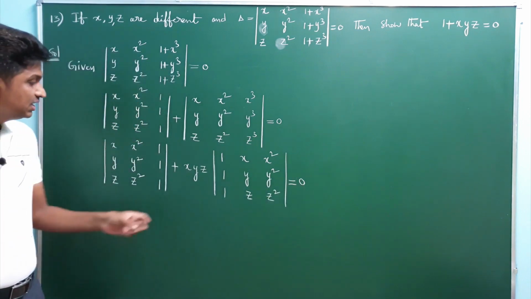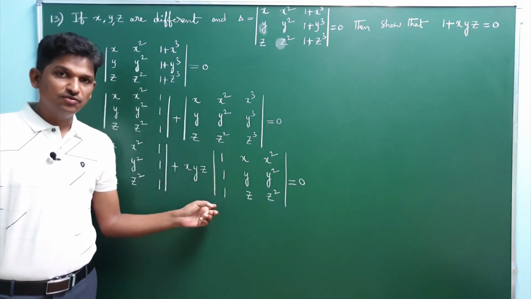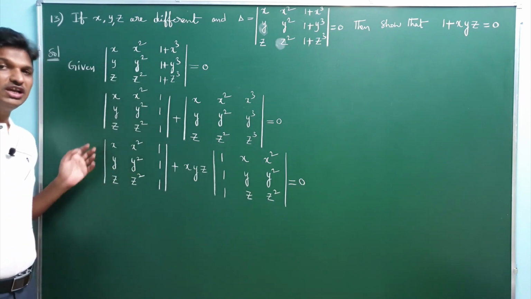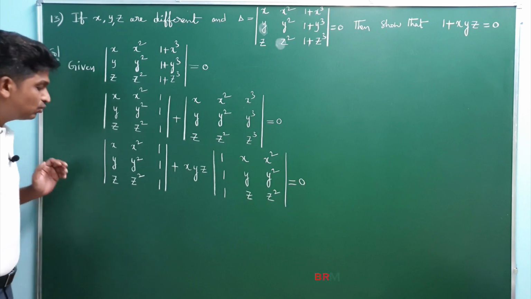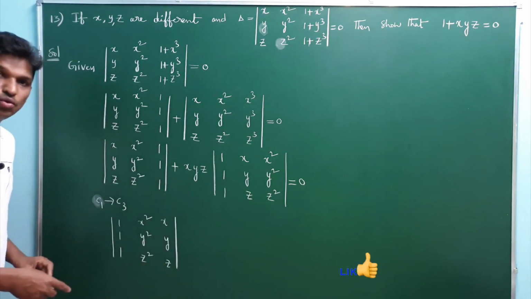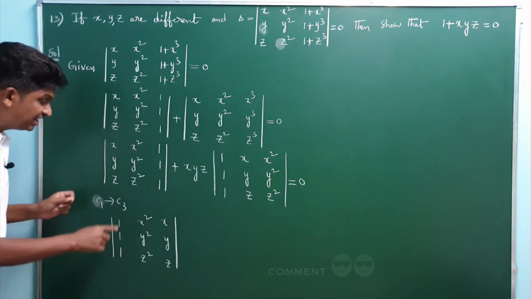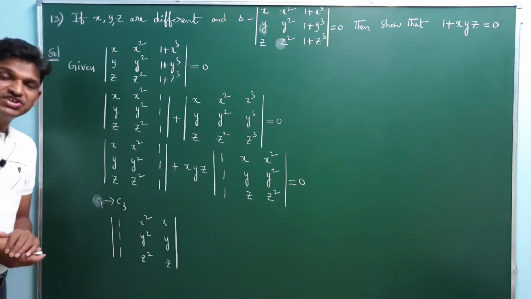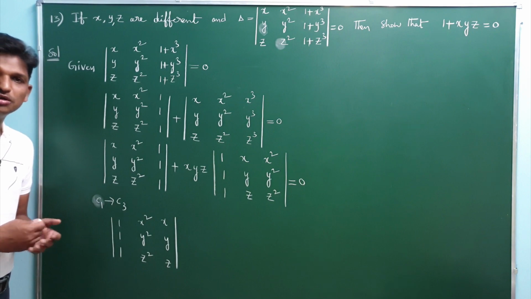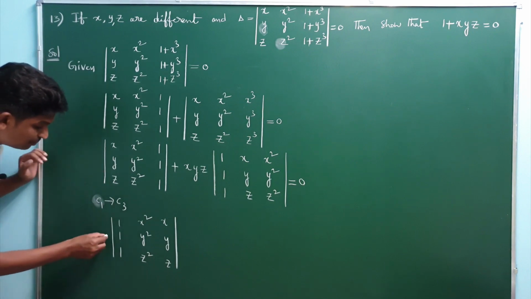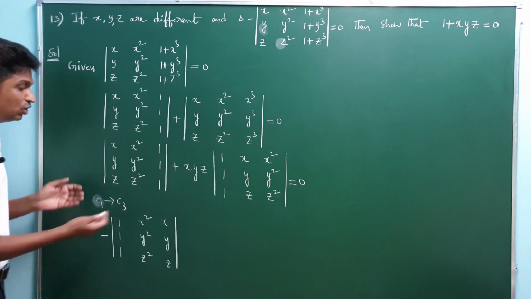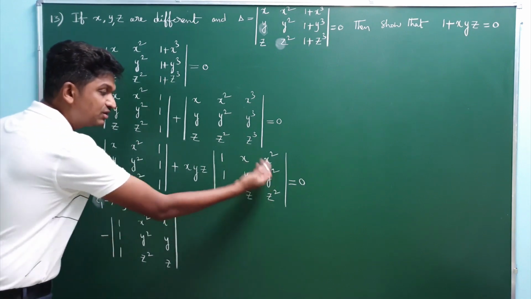You observe here all the elements of the first column are 1. So I want in this determinant also all the elements of the first column to be 1. For that what I'll do, you observe here what I did, I interchanged C1 and C3. When I interchange any two rows or any two columns, the determinant changes its sign, so minus will come here. But what is my intention? My intention is I want to make this determinant look the same as this.